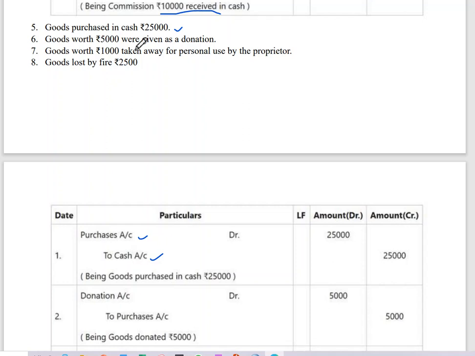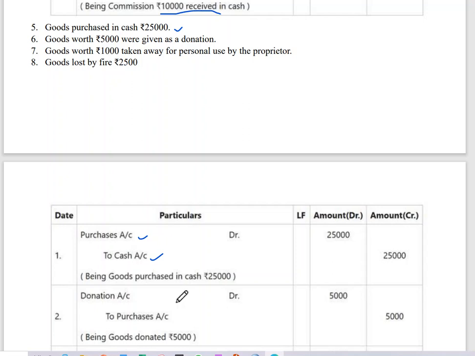Now what they are saying, goods worth 5,000 were given as a donation. So see here, goods worth rupees 25,000 were purchased. That is business goods only. Out of that 25,000 worth of goods, 5,000 rupees worth of goods are donated.